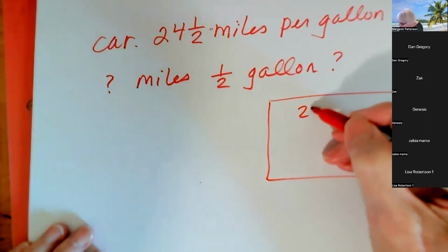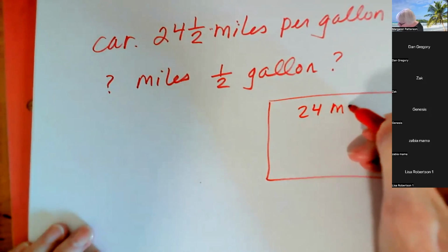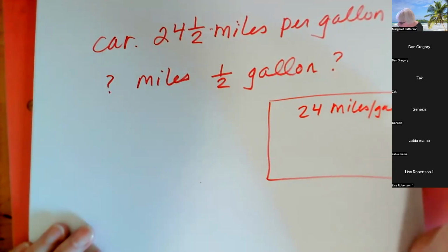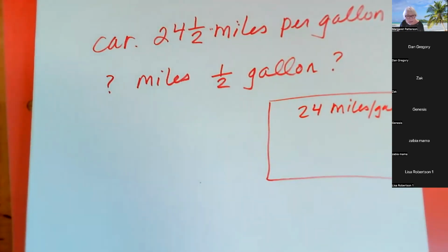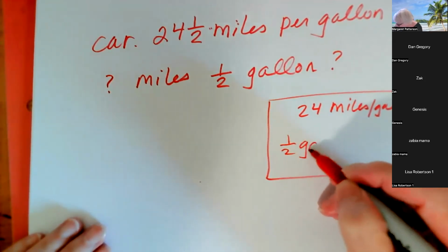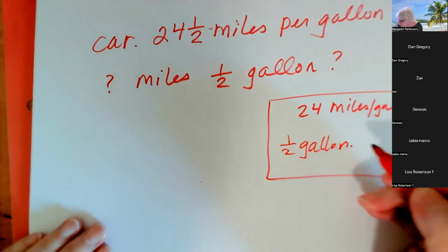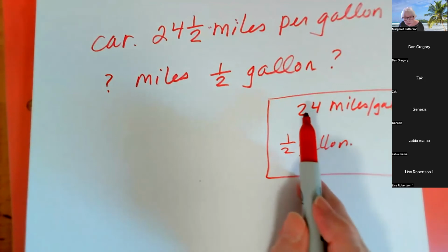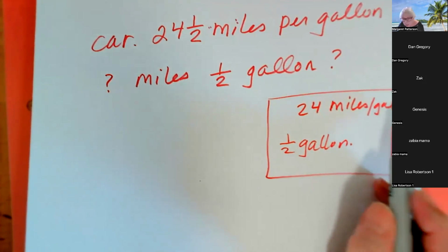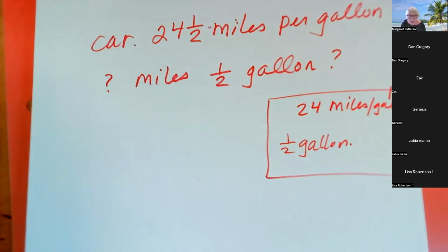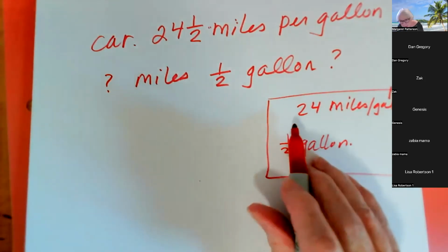Here's the simpler version. If a car gets 24 miles per gallon, okay, that's a reasonable amount of miles. How much will it get with half a gallon? This is a simpler version of the same thing. So if you had 1 gallon, that's all you had, you could go 24 miles.